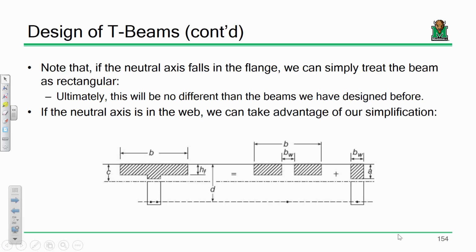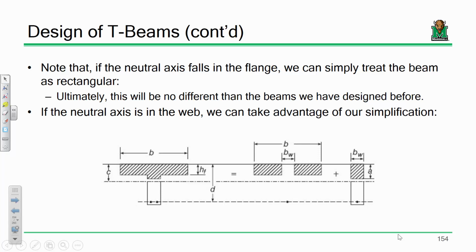But if that assumption is incorrect and we're dealing with a true T-beam, then we've got a little bit more math to do. You remember from our analysis example how we took a T-beam and we split it up like this and this? Do you remember that? So we had the flange couple and the web couple.